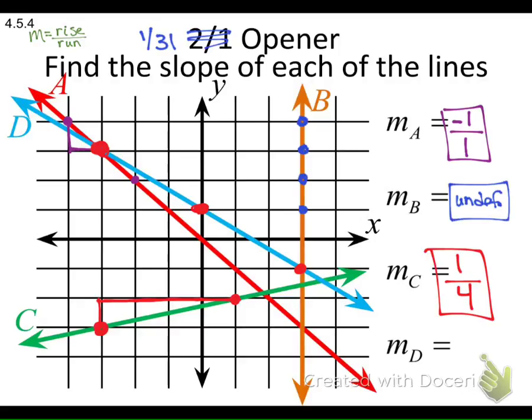Don't need to. So I'm going to use the two lattice points that are closest together. So first I find my, what? What do I find first? My rise. Am I going to count up or down? Down. How many? 2. And we said it's a negative line, so it's going to be a negative 2. Then what's my run going to be? 3.